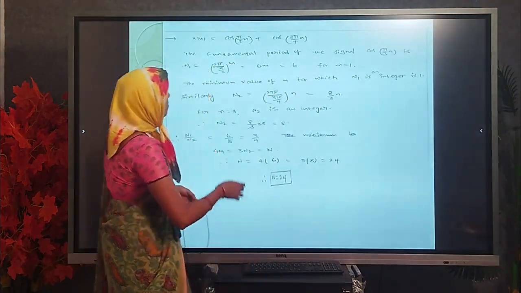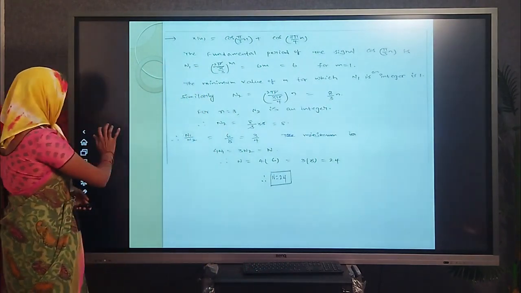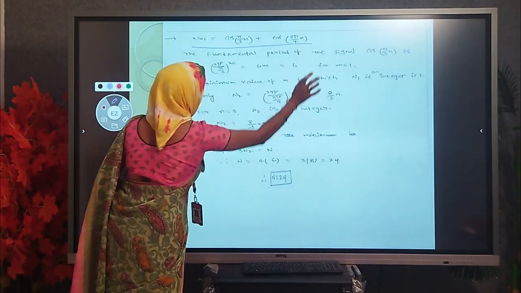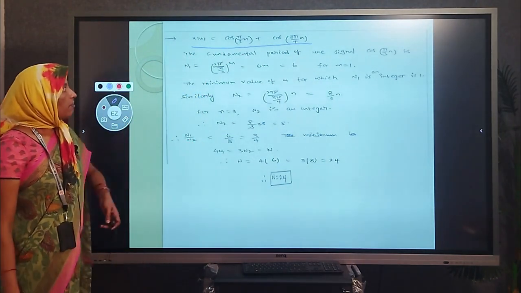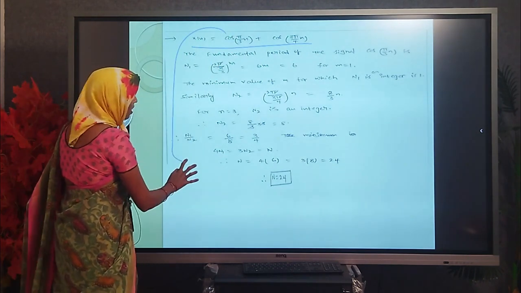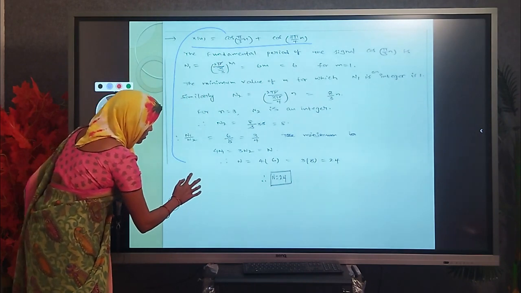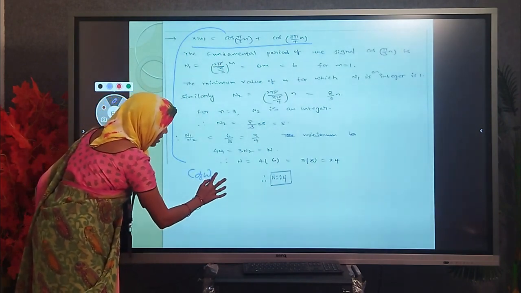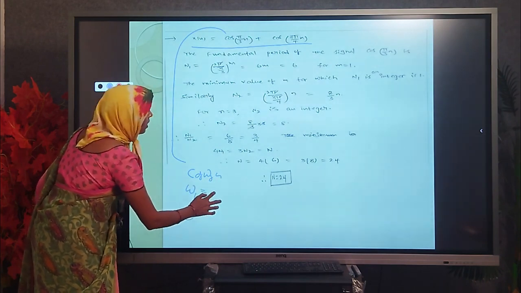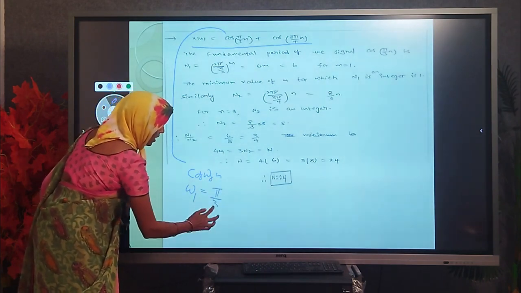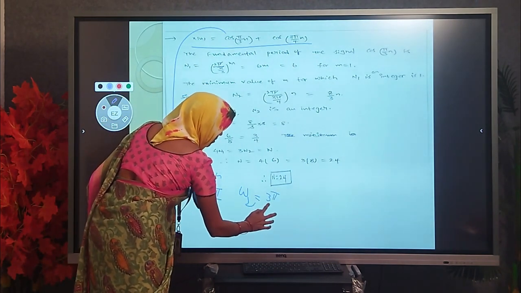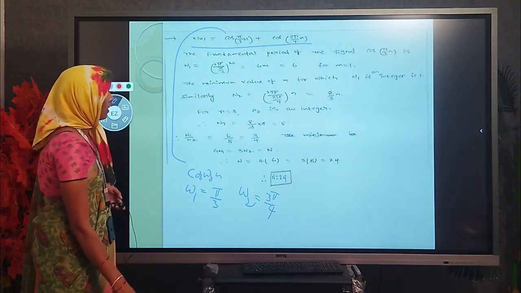See, in this example, the given signal is x of n equal to cos pi by 3 n plus cos 3 pi by 4 n. So in this one, take the first signal cos pi by 3 n. It is in the form of cos omega naught n. So our omega 1 equals pi by 3. In the second signal, omega 2 is 3 pi by 4.